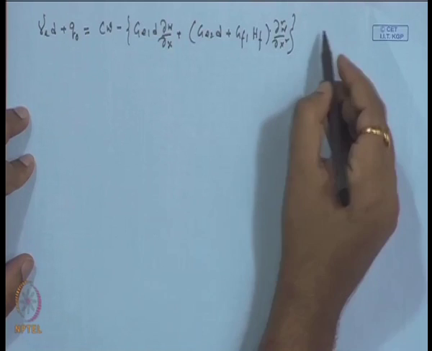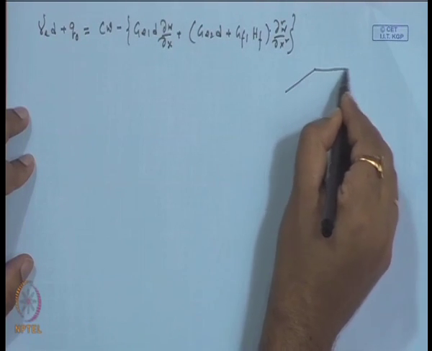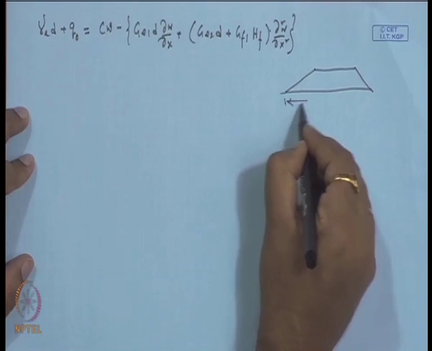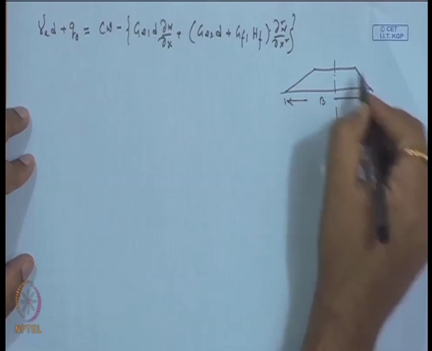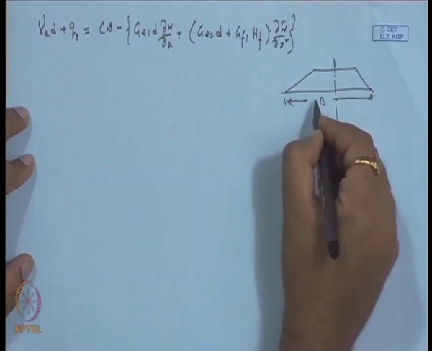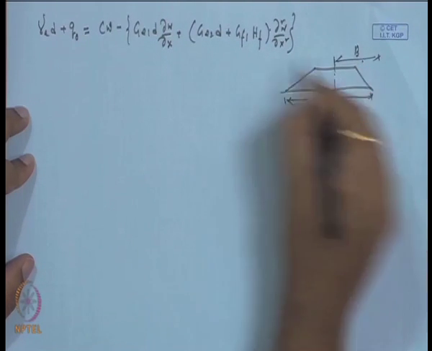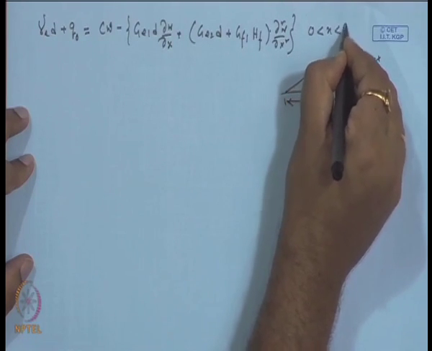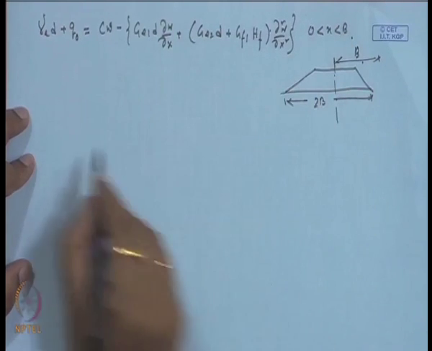So, we can write that if the embankment is this one and the total width is b, then this expression is valid up to a total of 2 b. If this is b, then this expression is valid for x between 0 and b, greater than 0 and less than b.